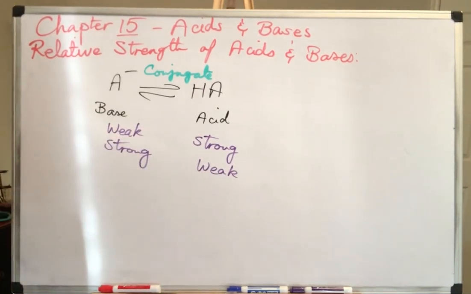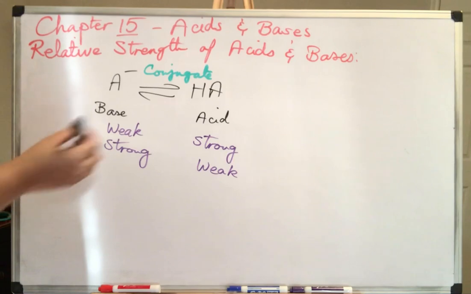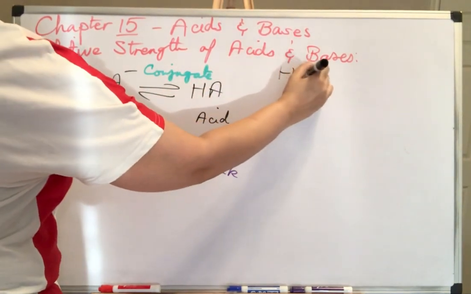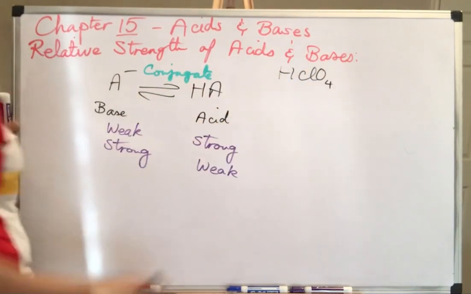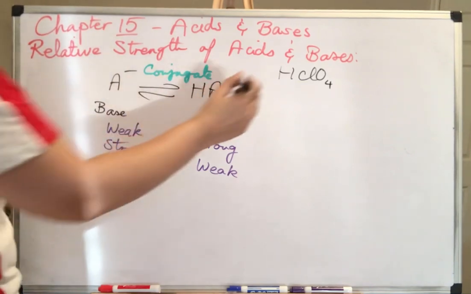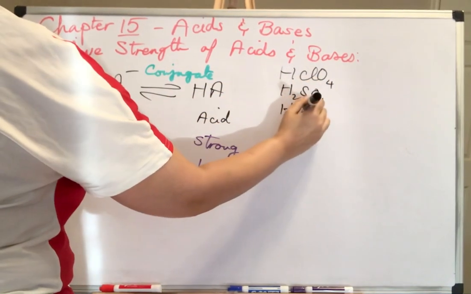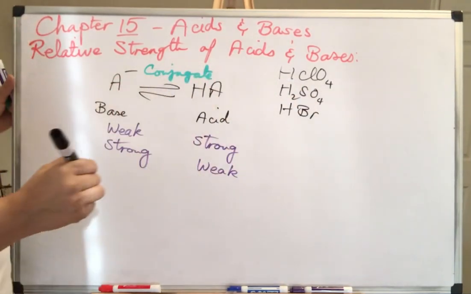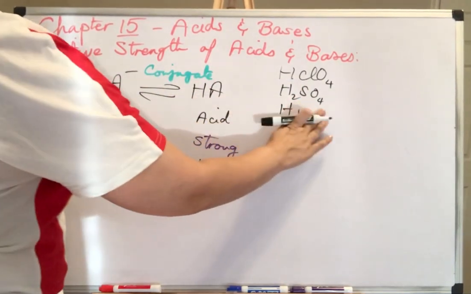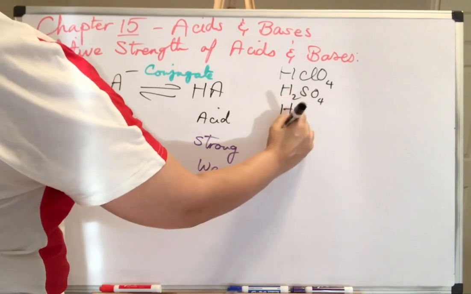You have a table in your PowerPoint slides about the relative strengths of acids and bases, and you will see the strongest acid is HClO4, and then H2SO4, then HI, and then HBr, and so on.